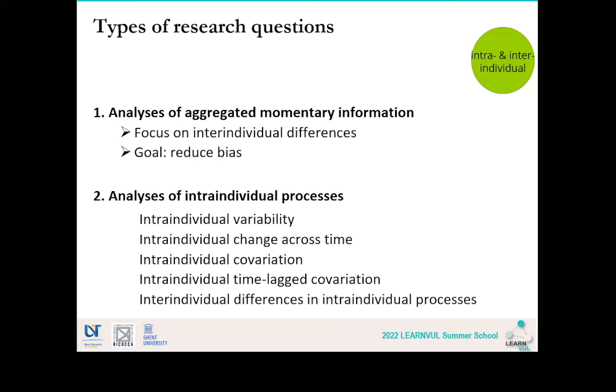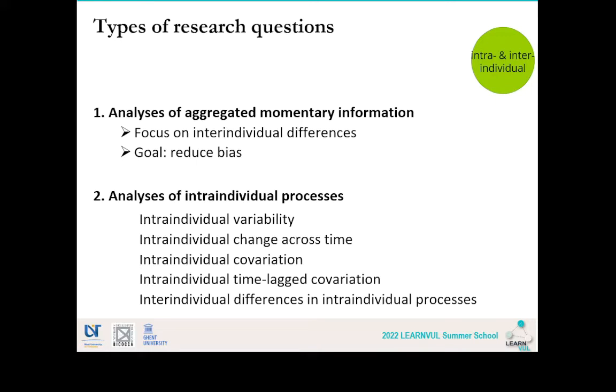So the type of research question, it's a bit of a summary of what I just said. When you collect those data, for example, asking how do you feel 5 times a day for 15 days, you can focus on inter-individual differences.